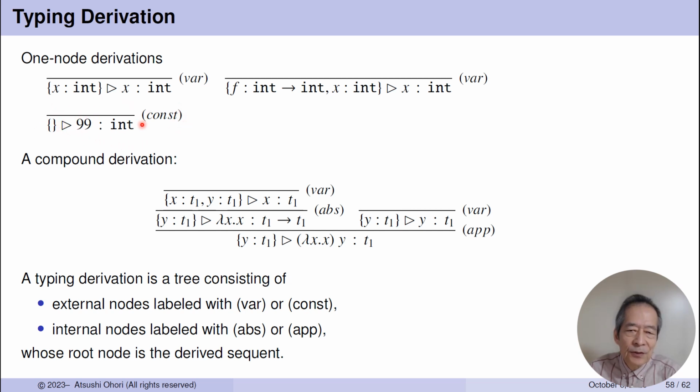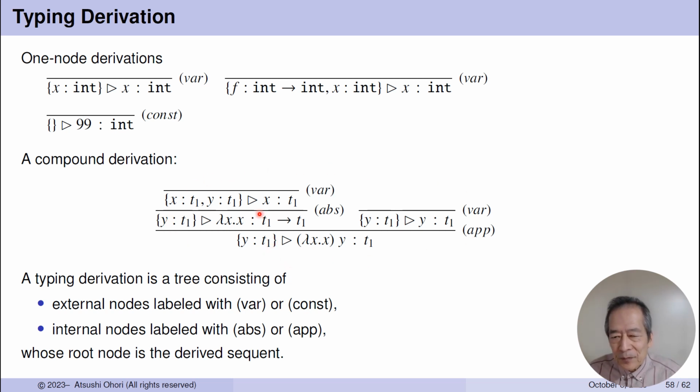This one is an instance of the const axiom, right? Typing derivations in general are constructed by starting with these one-node derivations as leaves and then extending them with inference rules.